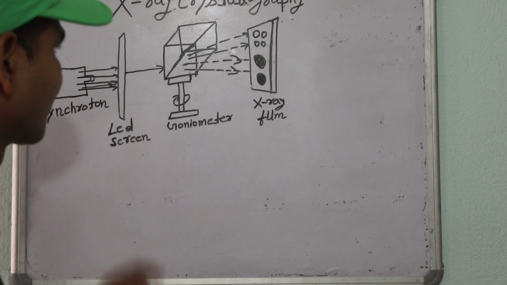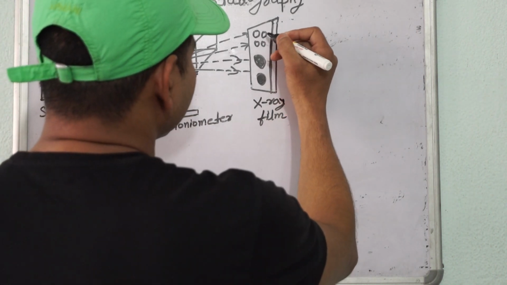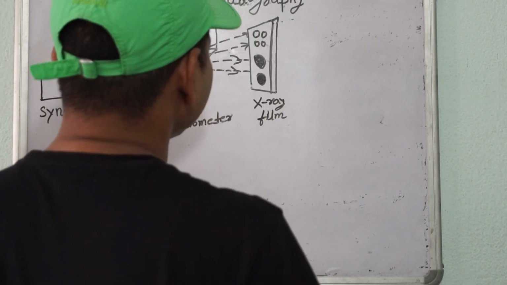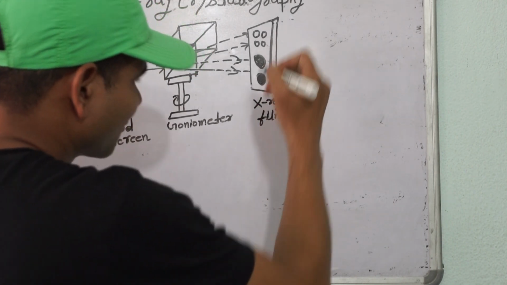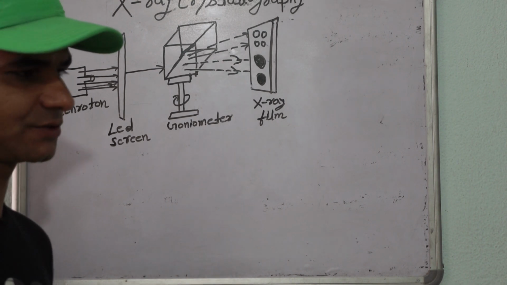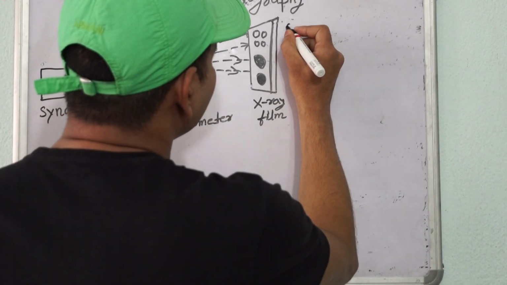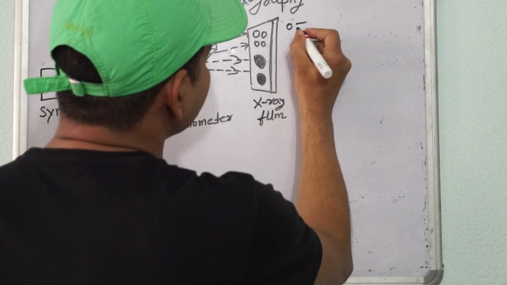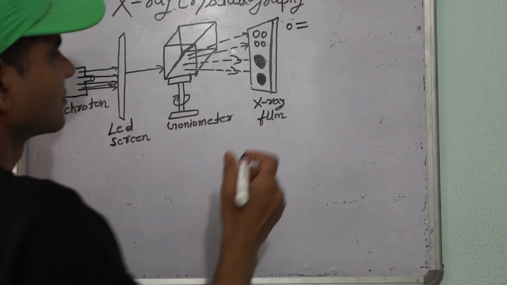So we say that these spots indicate the density of electrons.